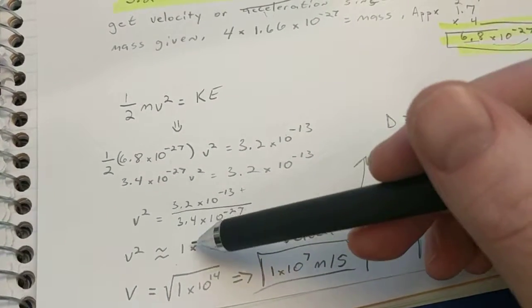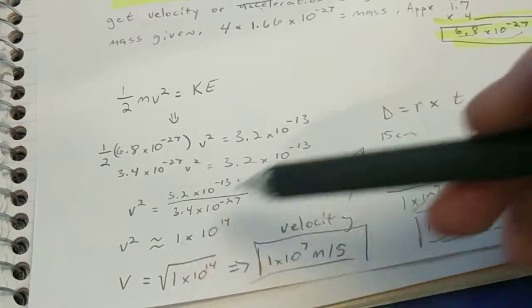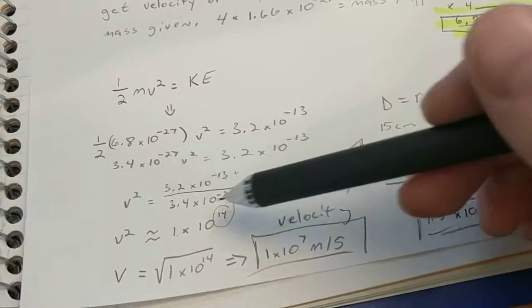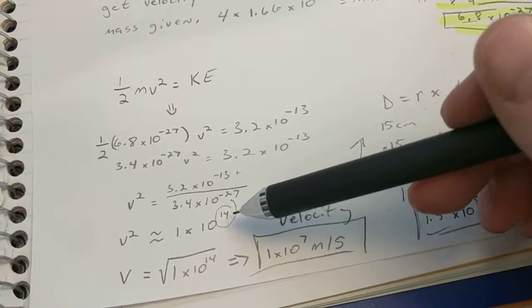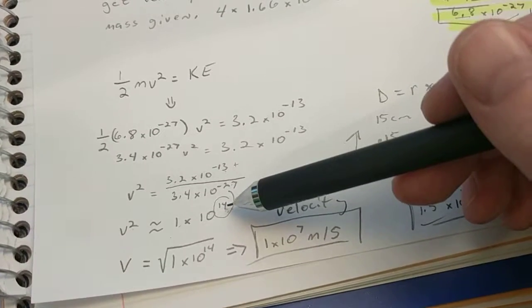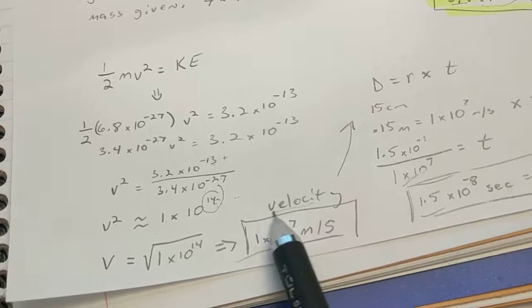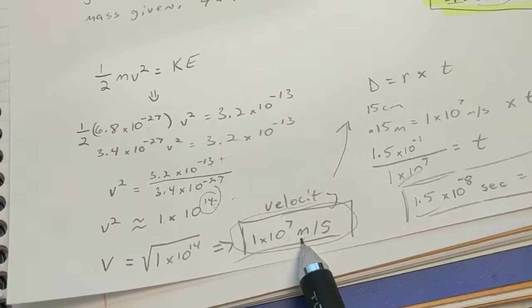So all I'm going to do is make that a 1. And that makes sense, because now the square root of it is super easy. And then I get an even number. Awesome, because now when I do a square root, I know that I just have to halve the exponents, and these are going to be single exponents. It's not going to give us something like a 7.5 exponent, like it would if this was a 15. So now we have the velocity, which is 1 times 10 to the 7th meters per second.